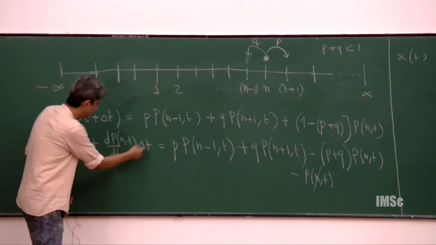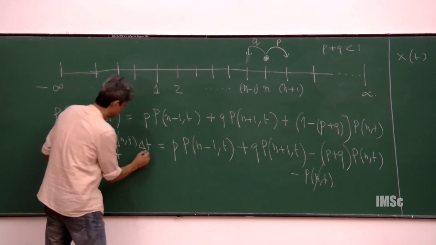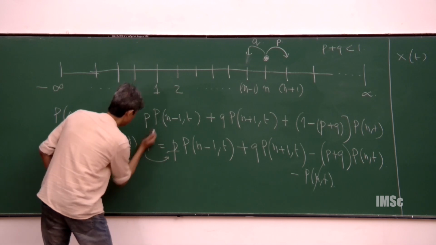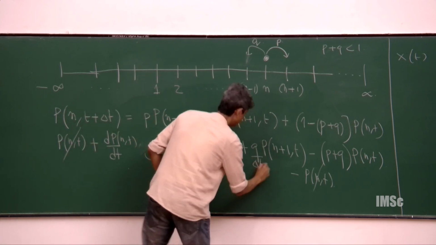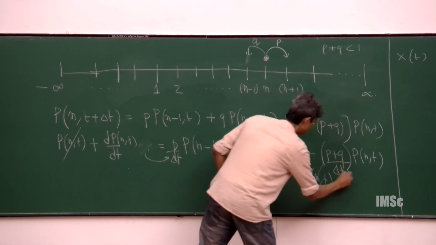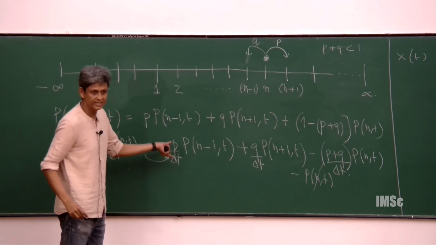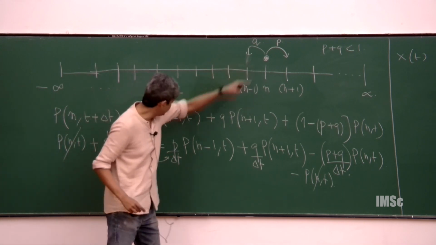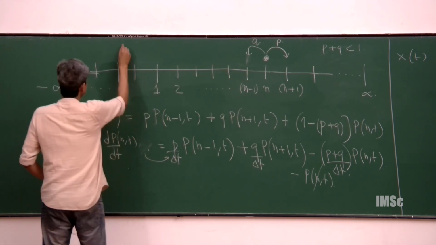Now I can take this delta t and divide the right hand side. If I do that, these quantities are no more probabilities, these are rates. There were transition probabilities, now I can call them transition rates. Okay, so I will redefine them.